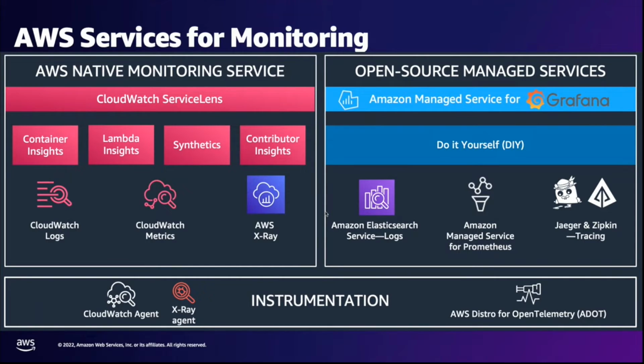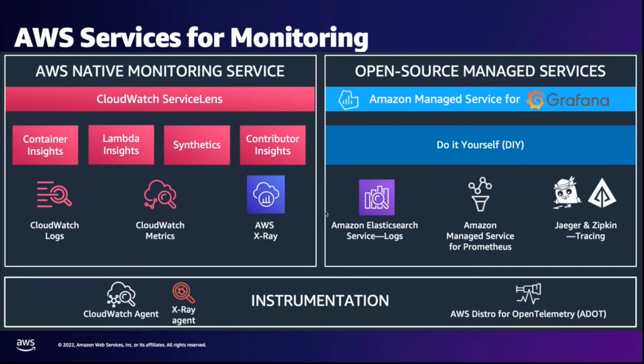You can do it yourself by picking one of these options, like Amazon Elasticsearch or Amazon Managed Service for Prometheus, or even using some of the other open source options available out there. So no matter the type of monitoring offering, we have different options.